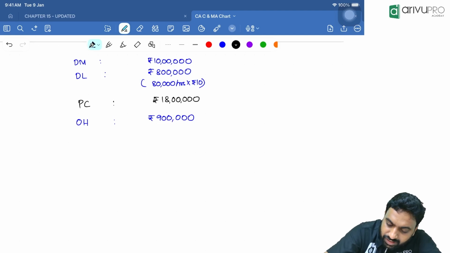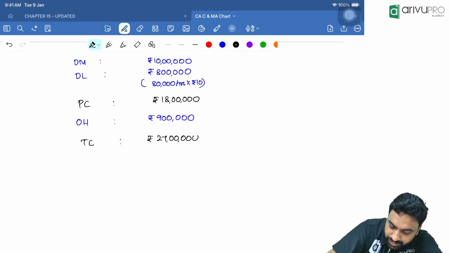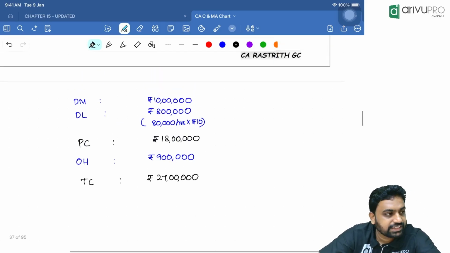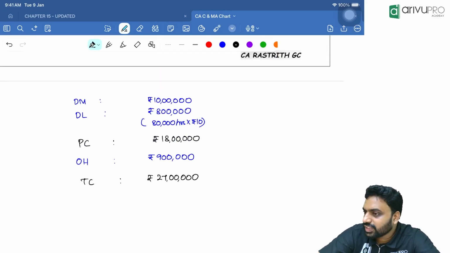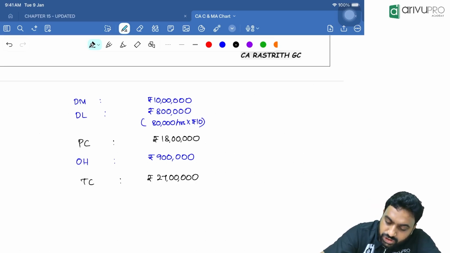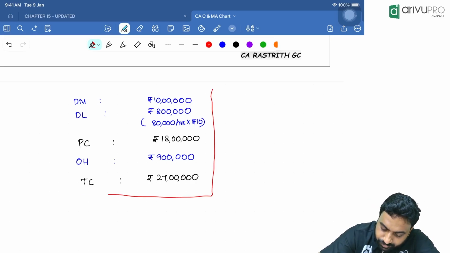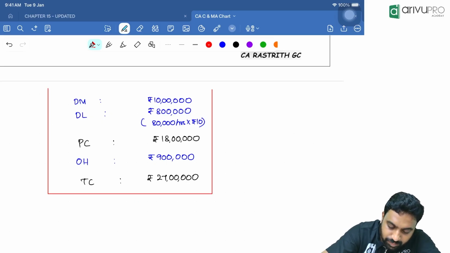So you will get your total cost as 27 lakhs. Is that clear? This is for the whole organization. Please keep in mind. Now we are doing one job.